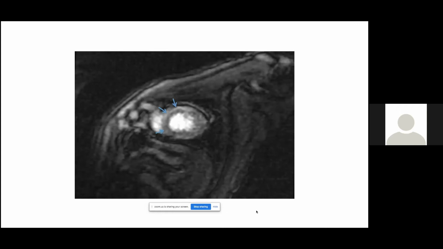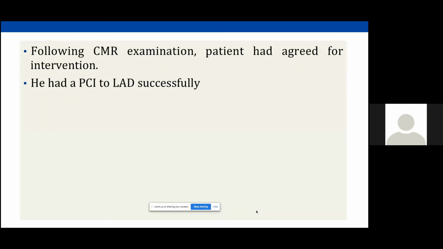These are the images from the apical segment. We can still see those defects involving the apical anterior and apical septal, which all suggest LAD disease. Following this MR examination, the patient agreed to intervention, and he underwent PCI to the LAD successfully.